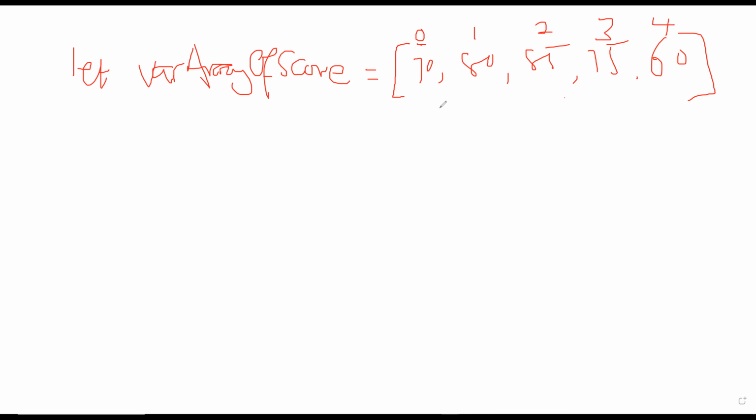So for me to call any data out of this array, I will have to call this variable name, the array of score. Then I will put an operator, the square bracket, in front of it.